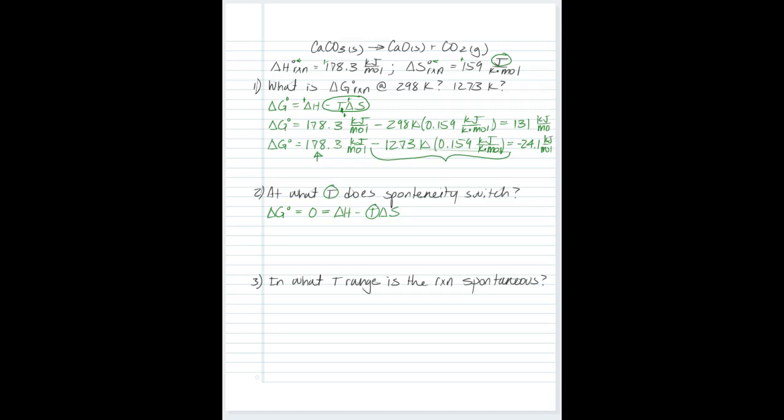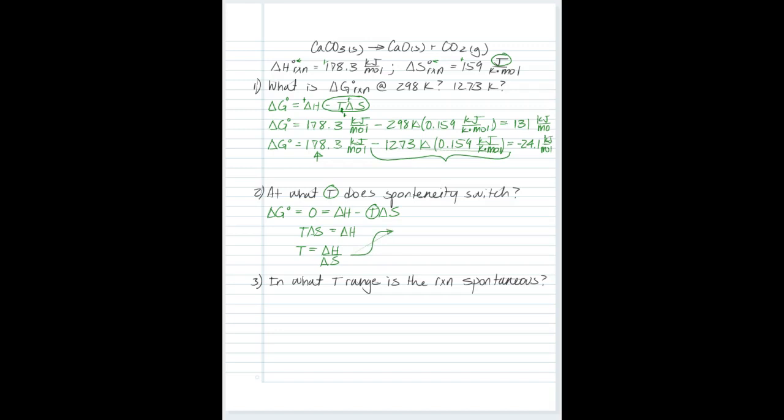So the first thing that I'm going to do is add T delta S to both sides of my equation, and I'm going to get T delta S equals delta H. Okay, and then I'm going to isolate temperature by dividing both sides by delta S, so that is going to give me T equals delta H over delta S. Okay, and so now I have an equation that tells me how to calculate that temperature, assuming delta G is 0.